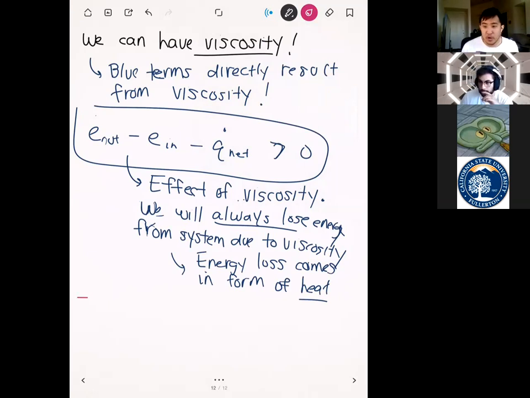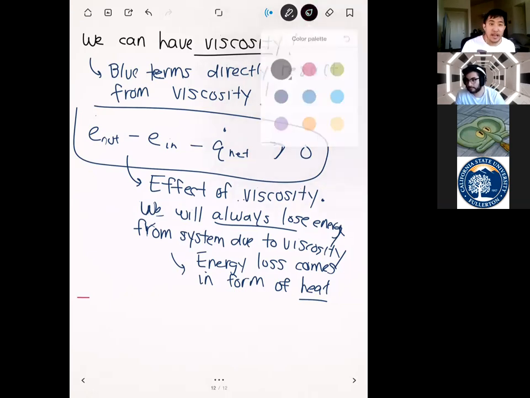And so it's been a while since we've talked about viscosity, but I want to draw one comparison between viscosity and another phenomenon that you're probably really familiar with. Just by reading this description, viscosity causes energy losses in terms of heat, right? There's another phenomenon that does basically the exact same thing, and that's friction.